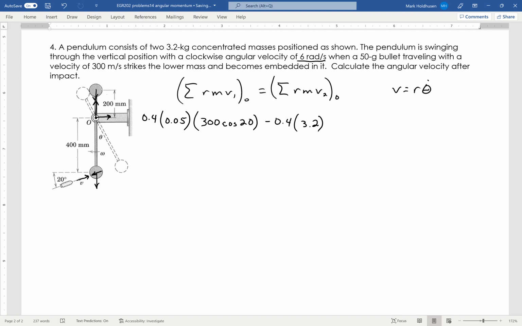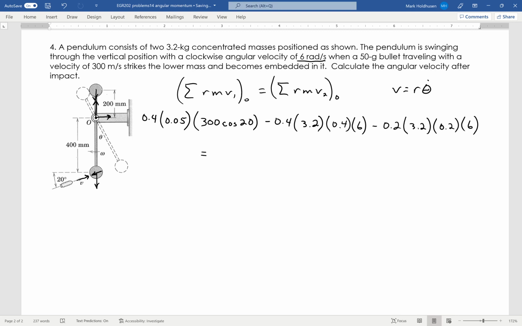And again, theta dot is 6 radians per second, so I take that times 0.4 times 6. Now I've got the other one, everything's the same except it's only 0.2 meters away, okay? Same mass, and then 0.2 times that theta dot of 6. And again, those are negative, so the bullet is coming in with a positive angular velocity, RMV. Those spheres have a negative. And then again, that's going to equal my final angular momentum.